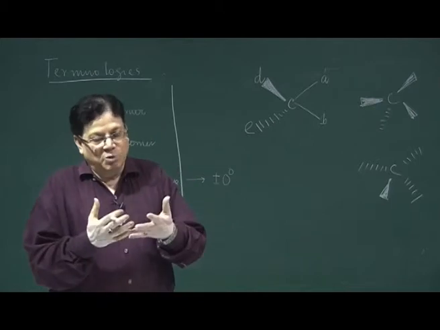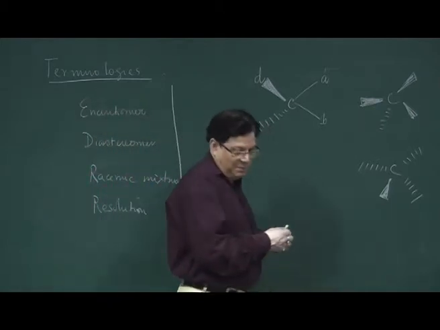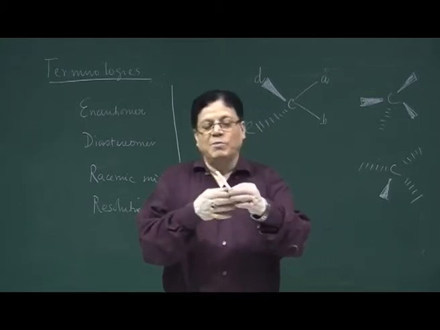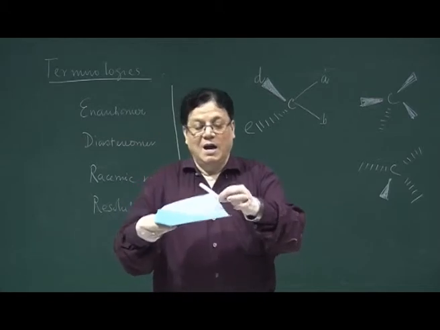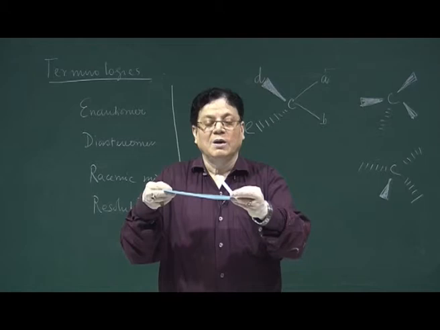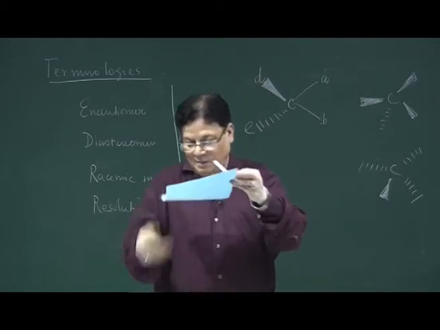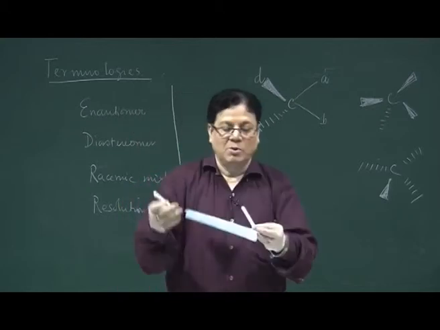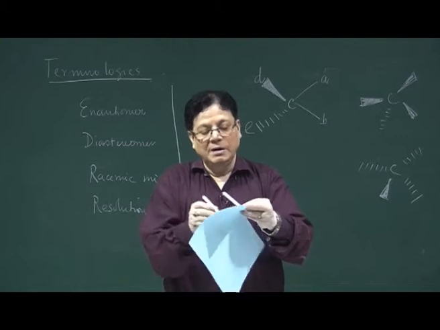Projection means, you know, that if you have a line above a certain reference plane, what is the projection of this line? You draw a perpendicular from the end point to the plane, and then you draw the line.